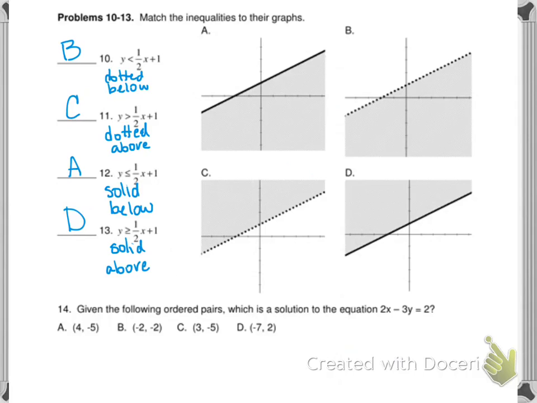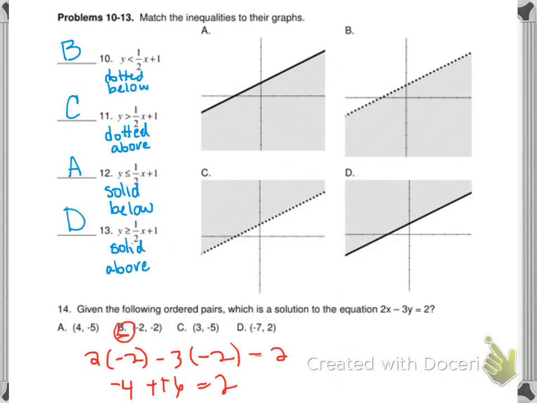Okay, number 14, just plug each set in until you find the correct one. So you plug 2 times -2 minus 3 times -2 equals 2. I'm trying answer choice B first. So that would be -4 minus -6, which is +6, which does equal 2.